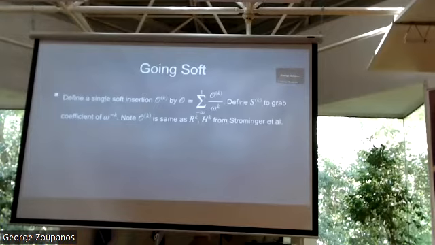Rather than just defining this, I'm going to define an operator S_k that grabs the coefficient of omega to the negative k. It's going to be useful to have that notation so I can be clear about the order of limits when I'm taking multiple things soft.